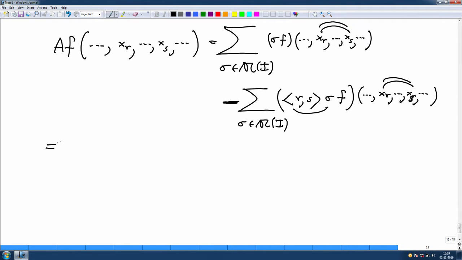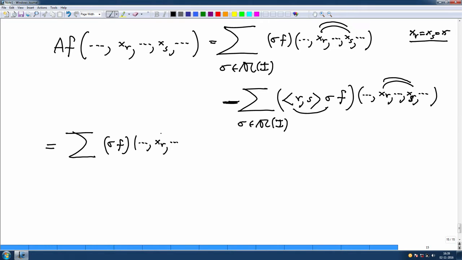The first sum is summation sigma f applied to this. Let me write both are x. Let me write x_r equal to x_s equal to x.